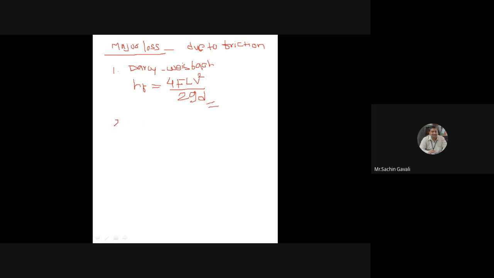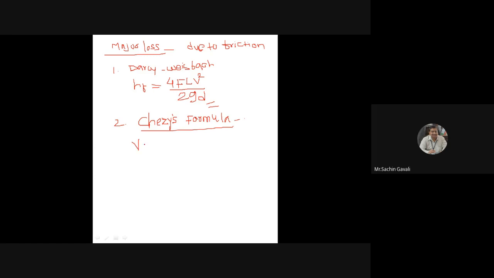And what is the second formula? Chezy's formula. Who will tell Chezy's formula? V is equal to C into root of mi.